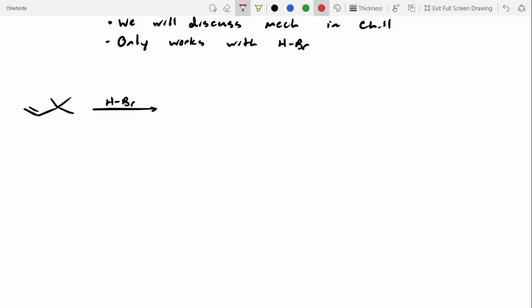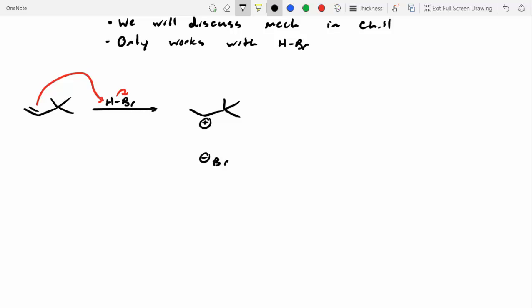First step, double bond's going to attack. Is the hydrogen going to go to the carbon on the left or the carbon in the middle? Middle. Okay. That means we've got a secondary carbocation and we've got bromide around.